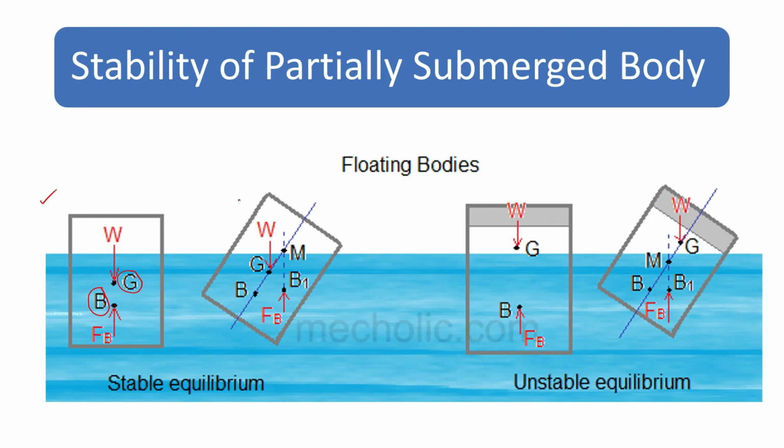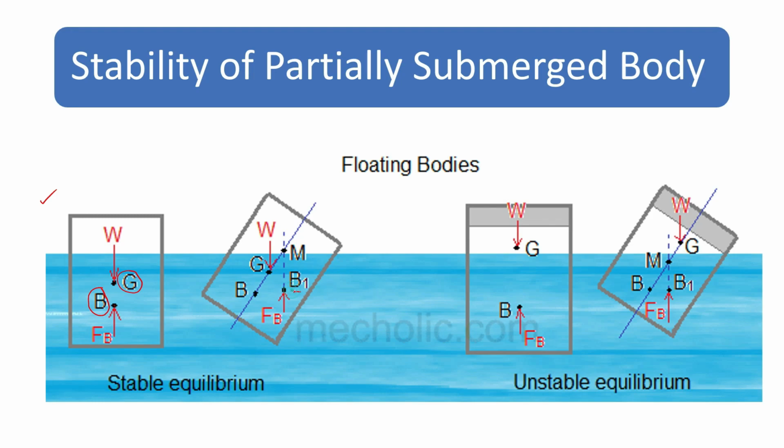And this body is given a slight tilt. So what happens then? You can see this vertical axis passing through the earlier center of buoyancy and center of gravity. Now when it is given a tilt, the center of buoyancy will shift towards the right because more fluid is displaced in the right portion.